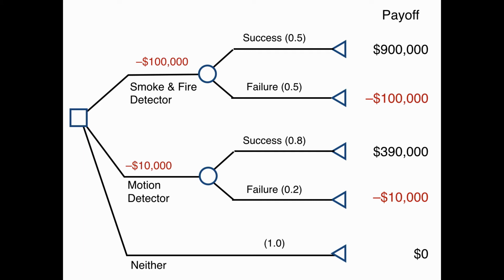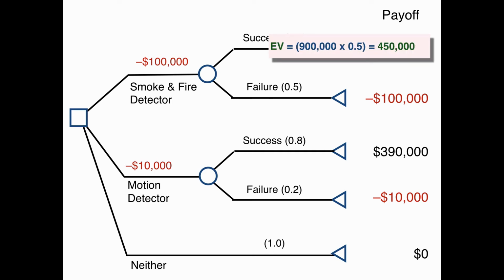So that very top branch with the smoke and fire detector succeeding, the payoff is 900,000, and it has a 50% chance of succeeding, so the expected value is shown by that calculation there. And the expected value if it fails is that calculation.